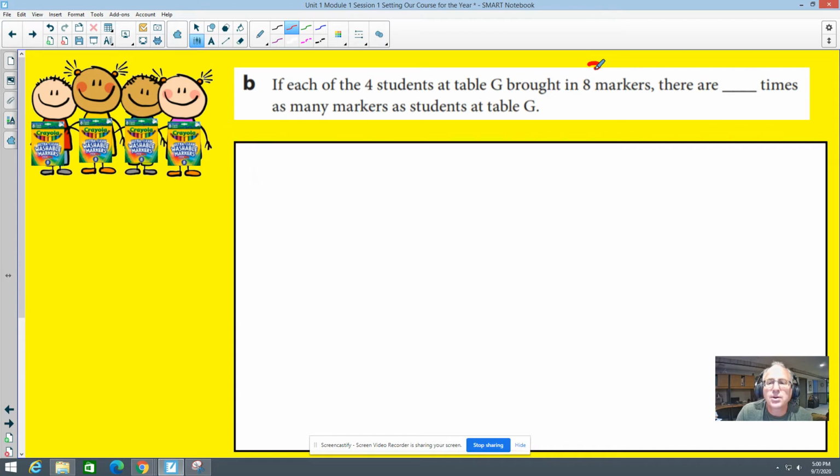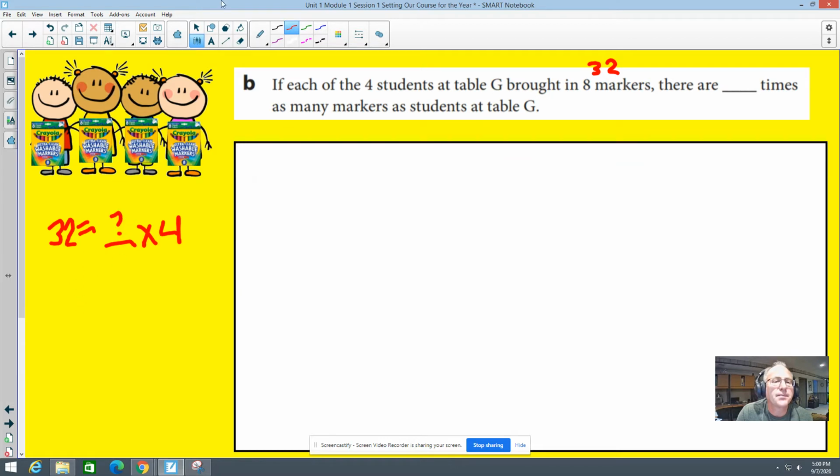They brought in 32 markers. There are blank times as many markers as the students. So 32 equals blank times as many as the students. Here again, this is what we're solving for right here.